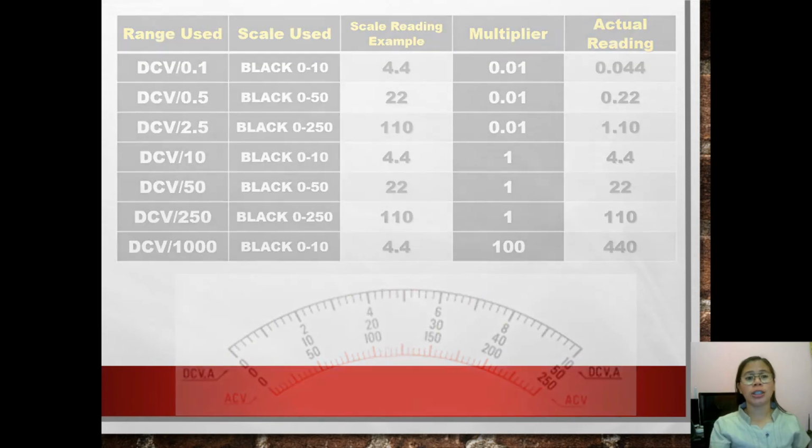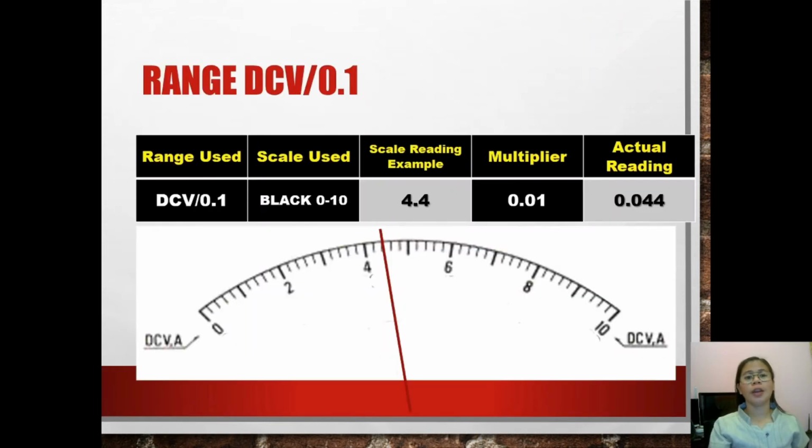So, for the 0.1 range, we are going to use the scale block 0 to 10. I erased the 0 to 50 and 0 to 250 because sometimes you get confused in reading the scale. In the 0.1 range, for example, we have 4.4 scale reading. Why do we have 4.4 scale reading as an example? Because each division in our 0 to 10 scale is 0.2.